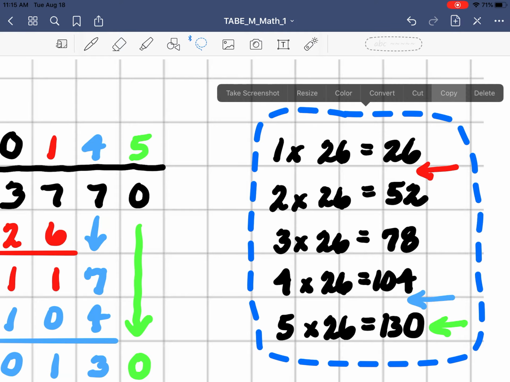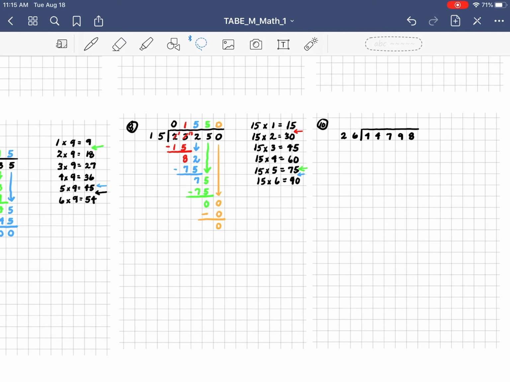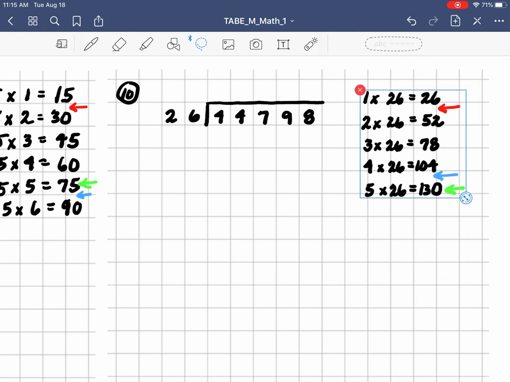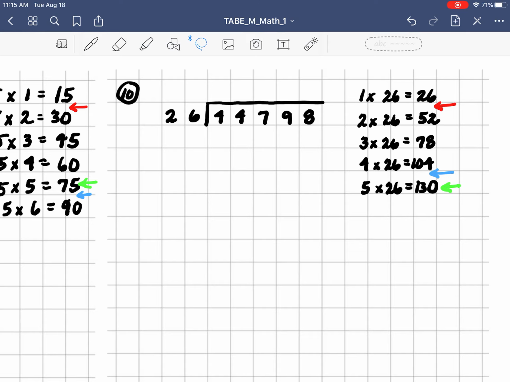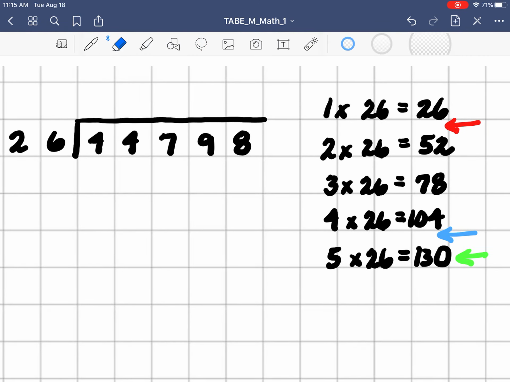But since I'm trying to keep this video shorter, I'm going to just copy and paste those in there. And I also want you to know that as a test-taking strategy, if you've got it on your scrap paper, you've already written it once, don't waste your time writing it again. Just look back at that particular section.